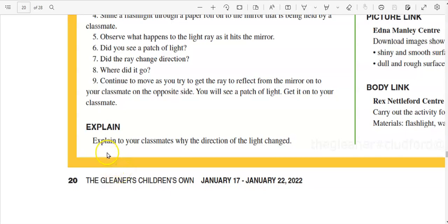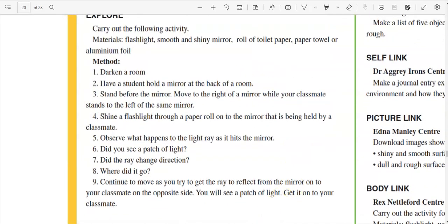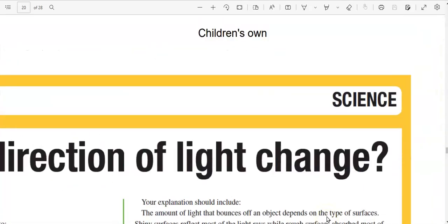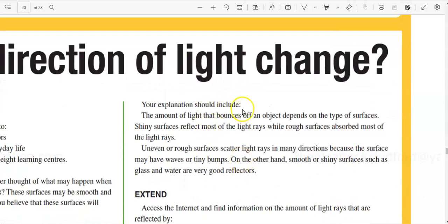Now, explain. Explain to your classmates why the direction of light changed. Your explanation should include: the amount of light that bounces off an object depends on the type of surface. So again, the properties of the surface will determine the amount of reflection that takes place. Shiny surfaces reflect most of the light rays, while rough surfaces absorb most of the light rays.